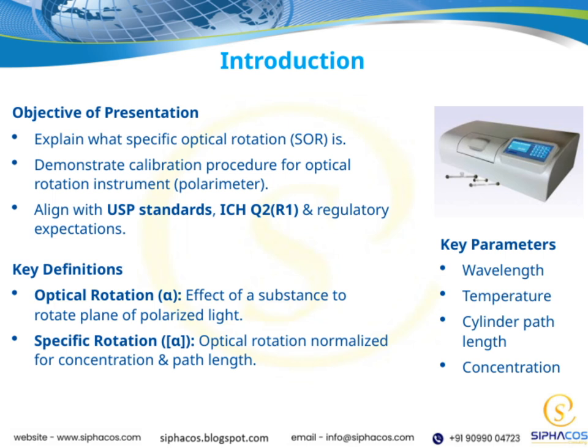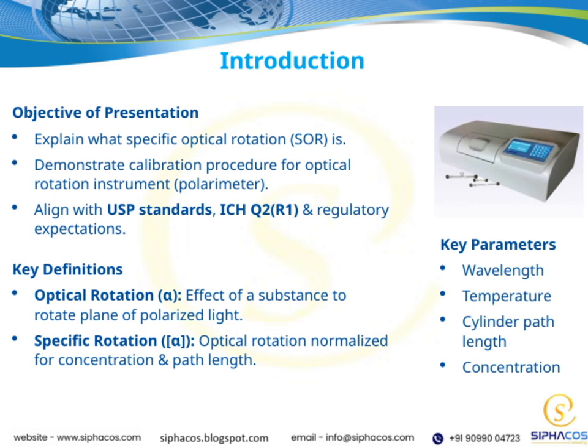Proper calibration is key to obtaining accurate, reliable measurements. Finally, we'll make sure our approach aligns with regulatory standards, specifically USP guidelines, ICH Q2(R1), and other expectations from regulatory bodies. This ensures our measurements are not only precise, but also compliant for quality control and documentation.